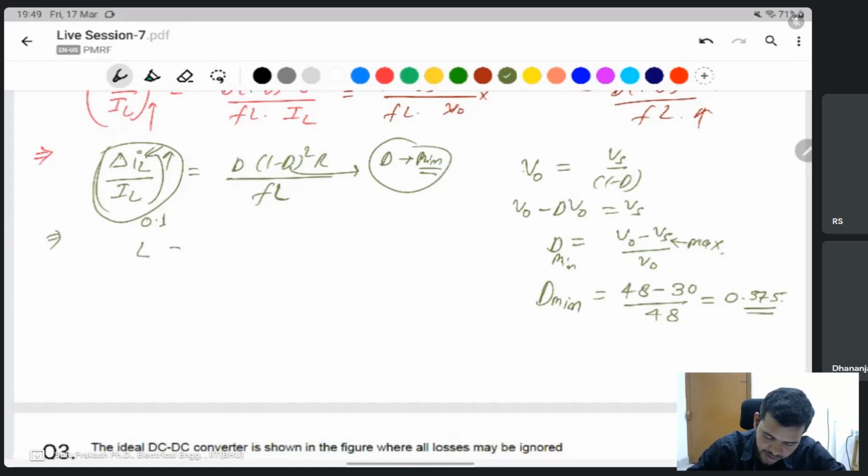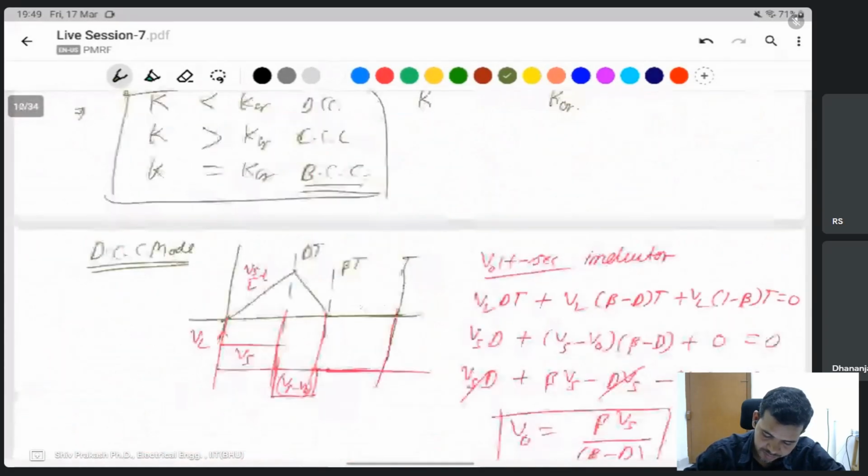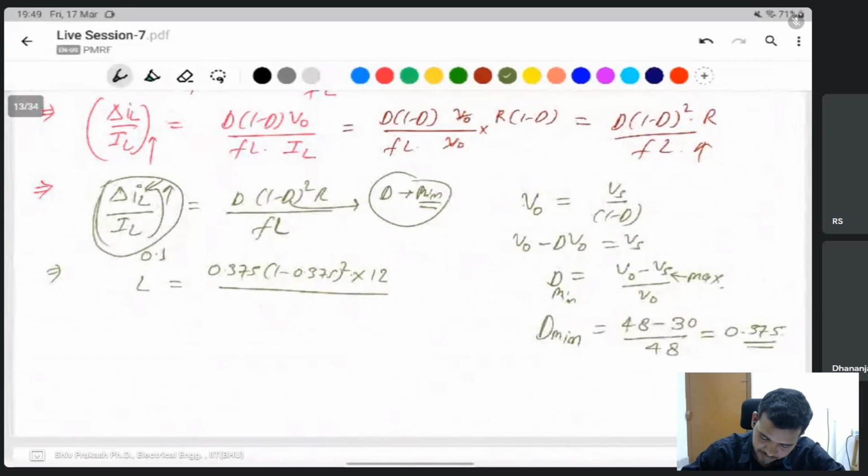Then find the inductor here: 0.375 into 1 minus 0.375 square into 12 divided by the frequency, I think given 100 kilohertz, into 0.1 is the delta. Calculate this one, we find 175.78 microhenry.